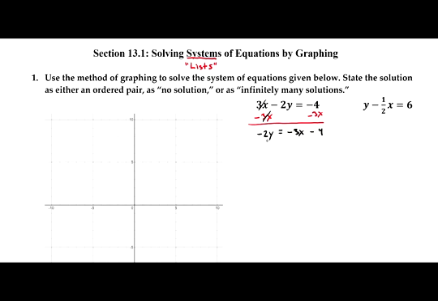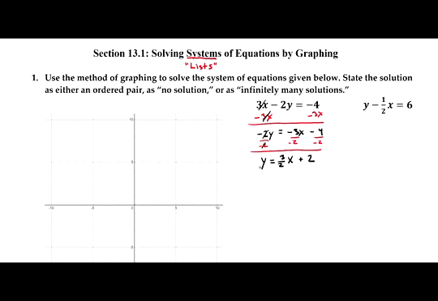And to solve for y, we need to get rid of the negative 2, so divide both sides of the equation by negative 2. So on the left, those negative 2's will cancel, and we have y equals. On the right, those negative signs cancel each other out, so we have positive 3 over 2 x plus 2.